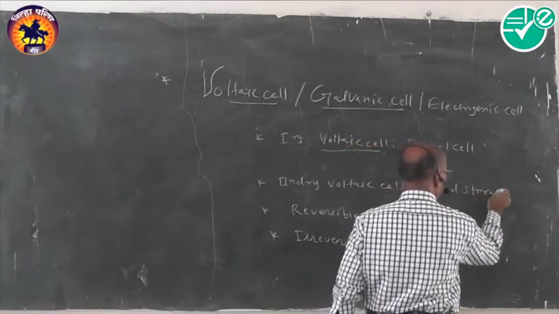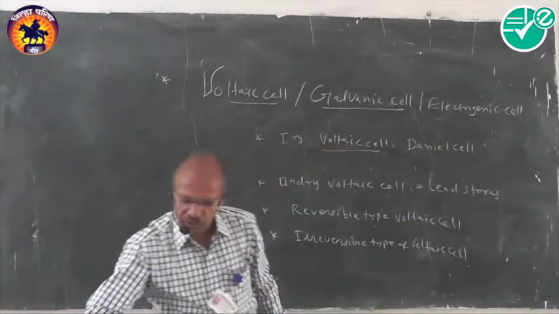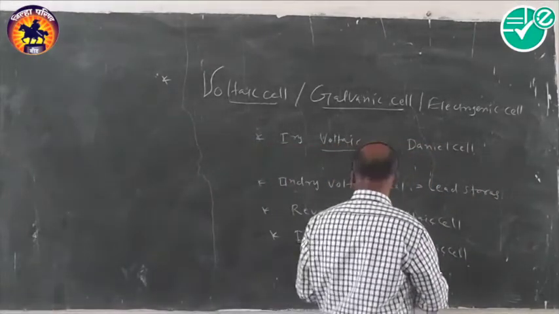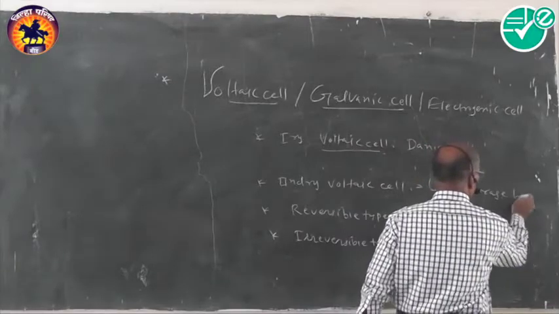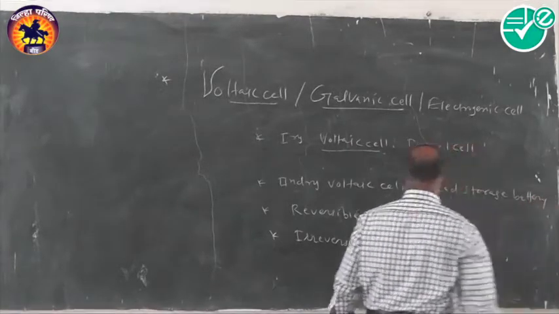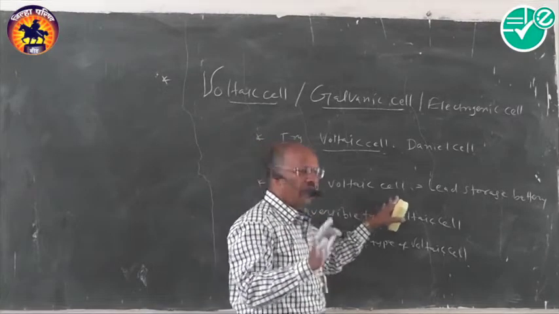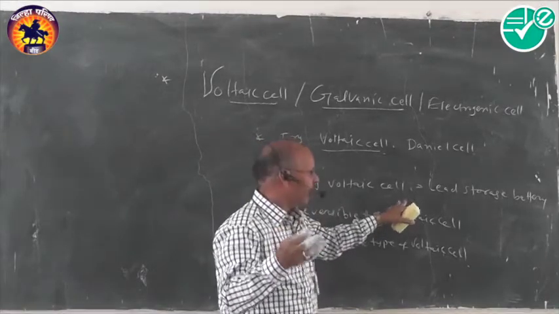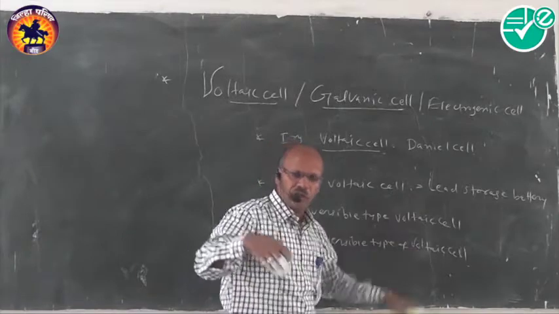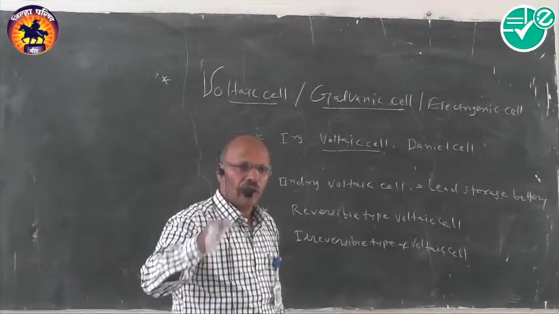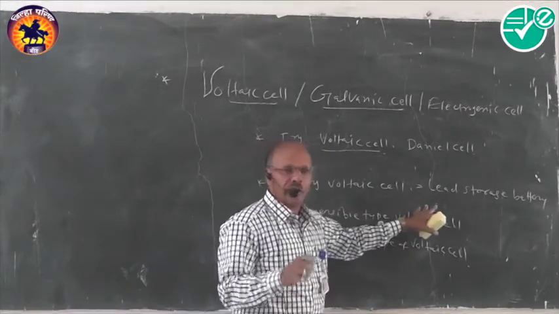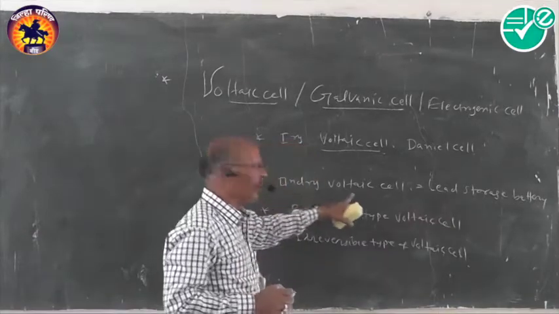It is the secondary voltaic cell, because this cell cannot generate an electric current on its own. It is generally charged from an external source.